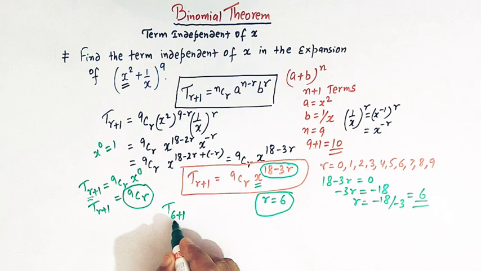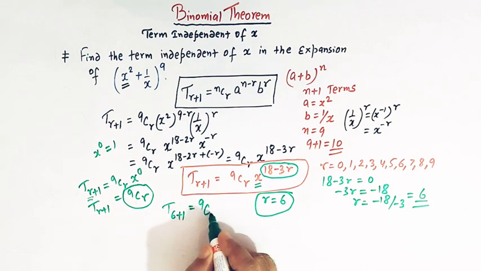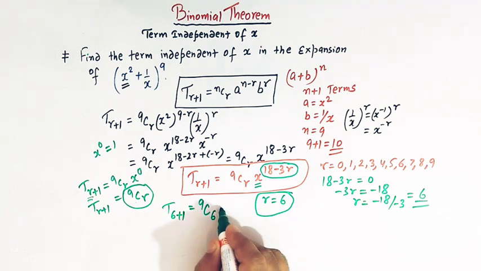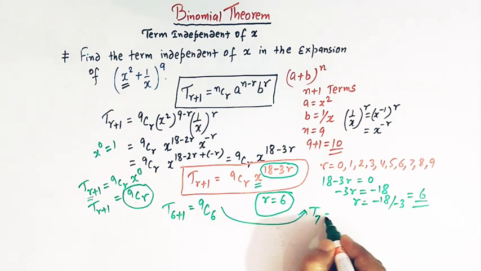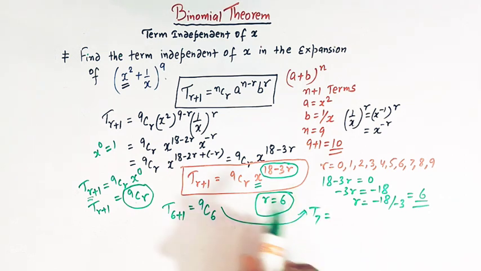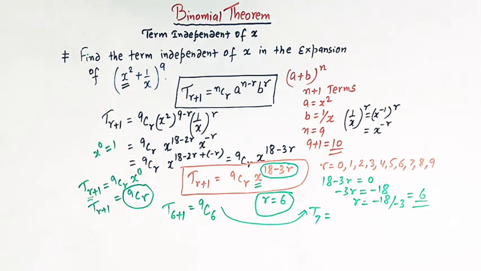This is T7, which implies that the seventh term would be the term which doesn't contain x.